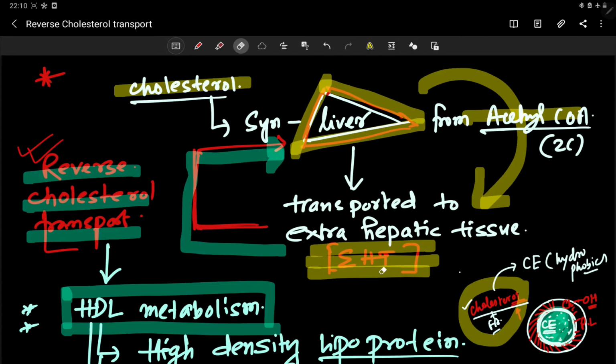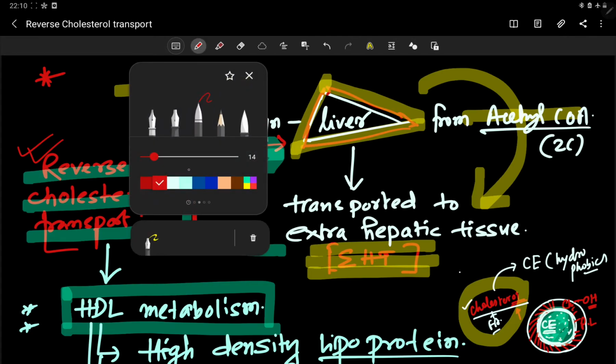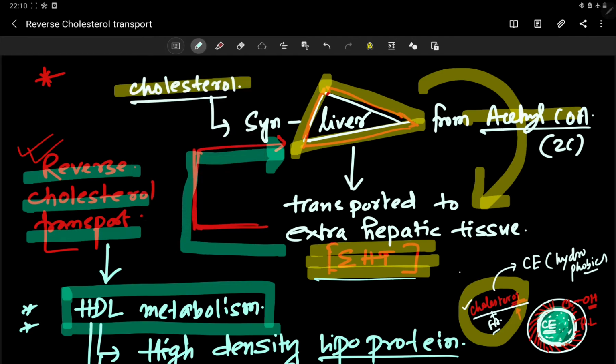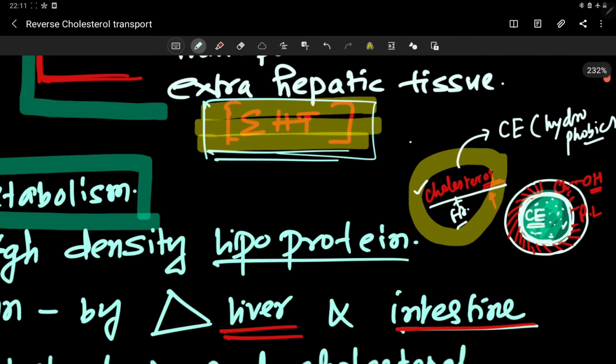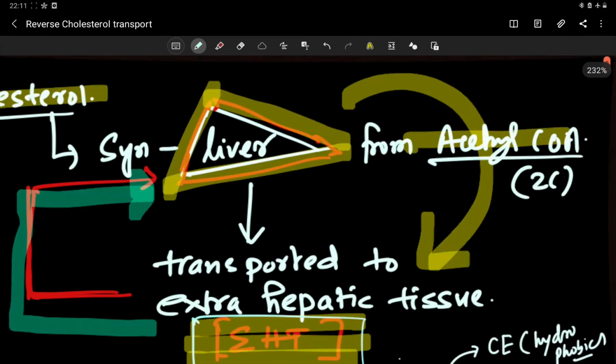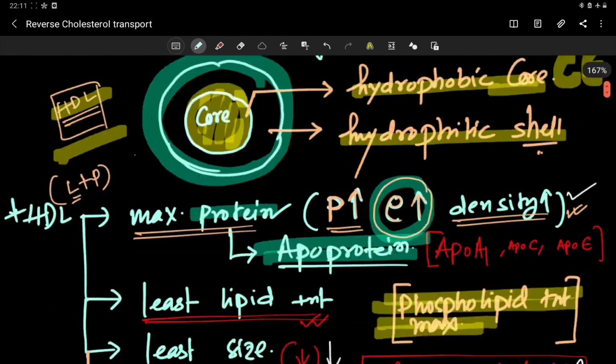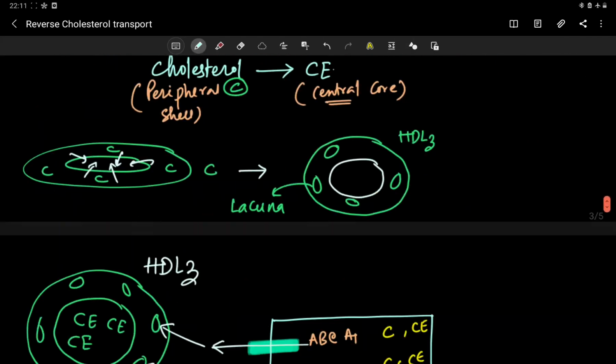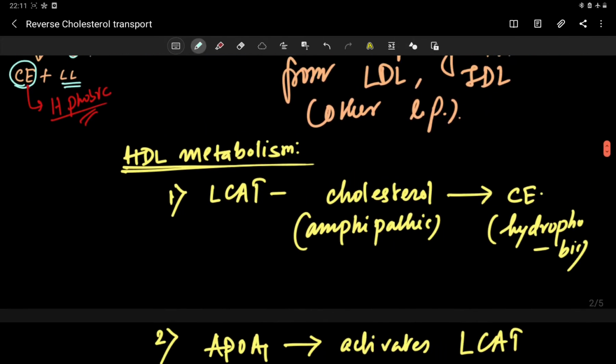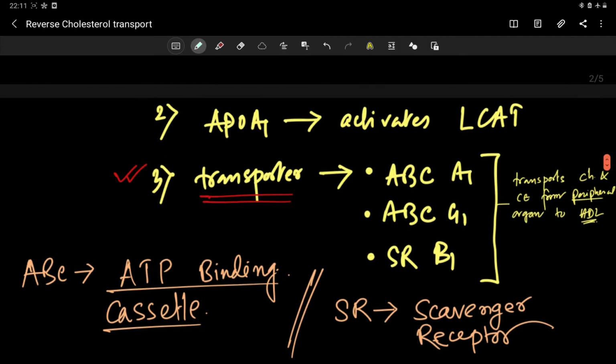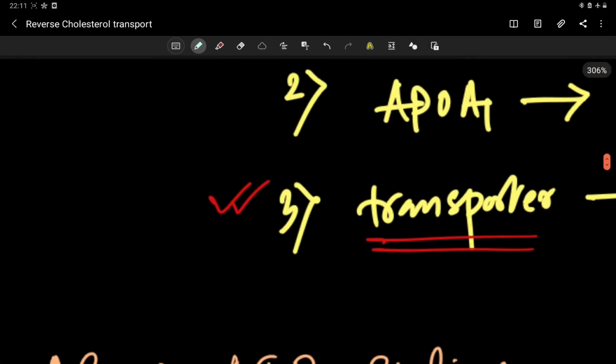And here you can see within your extrahepatic tissue there are various transporters. If I draw this thing here, within your extrahepatic tissue, let's imagine this is your extrahepatic tissue.